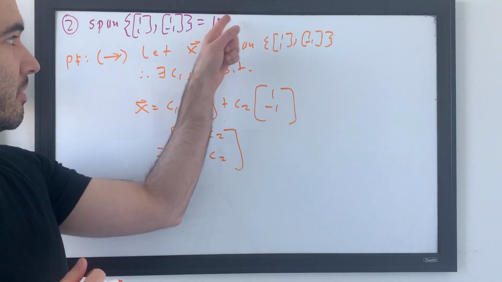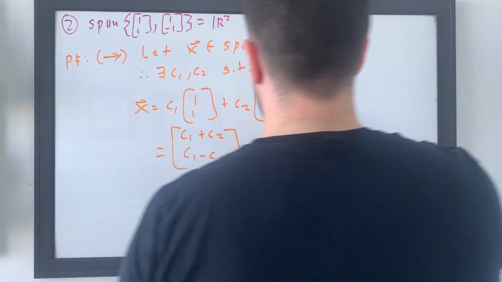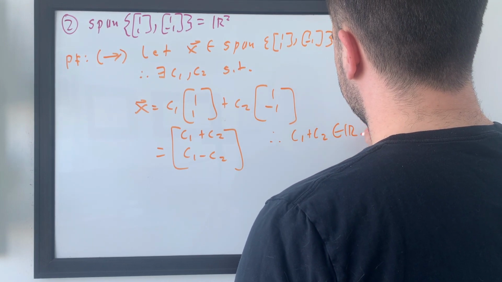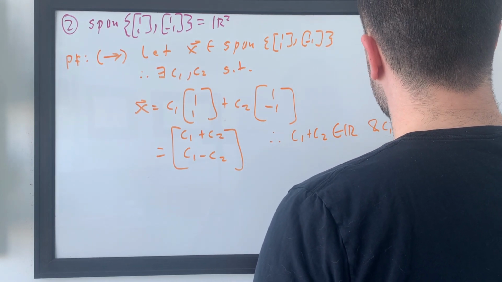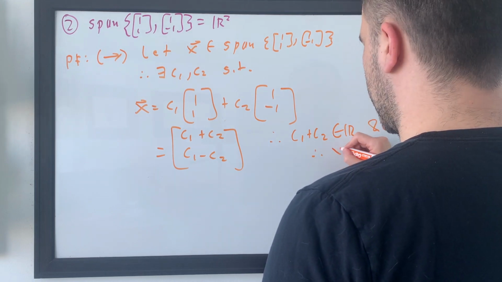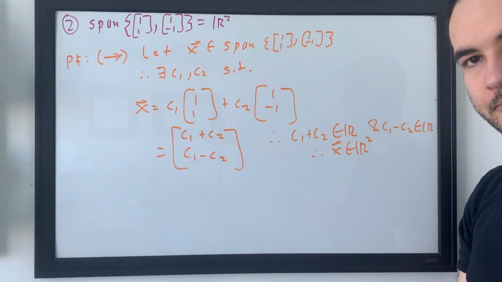Now in order for this to be within R2, I just need both of these to be real numbers. So I'll say therefore C1 plus C2 is a real number and C1 minus C2 is a real number. Therefore x is within R squared.